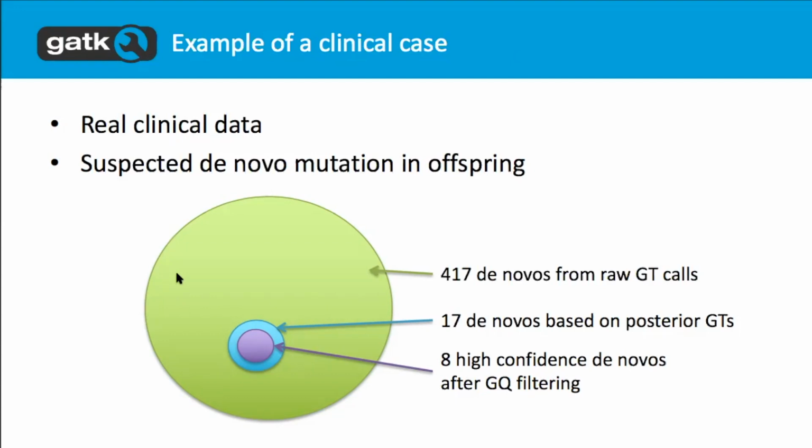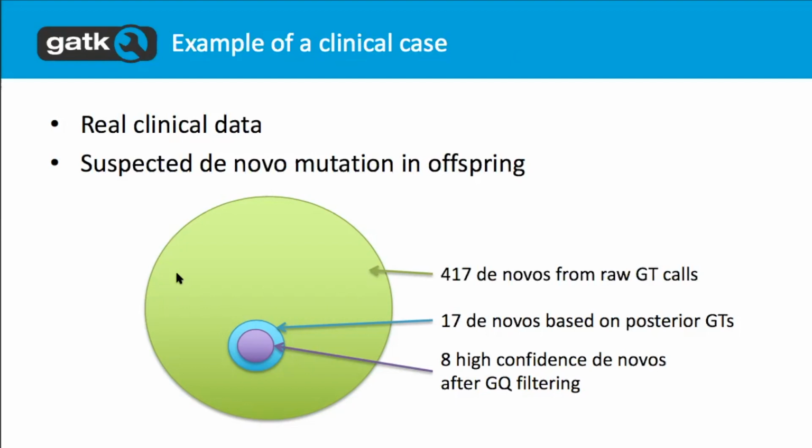And the original analysis of the trio sequencing, I believe it was exome sequencing, showed up 417 de novo calls. Now that's not something where you can go back to the lab and say, please resequence or retest all of these sites. It would be too costly.